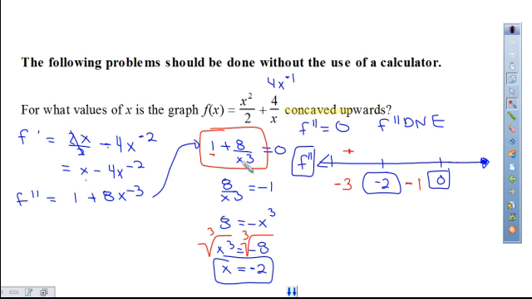So 8 over negative 1 to the third is negative 8, and 1 minus 8 is going to give me a negative number. So let's use 1.